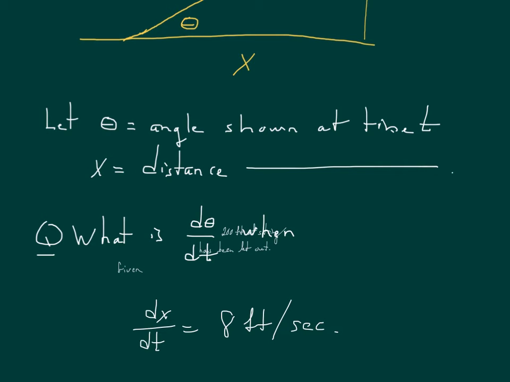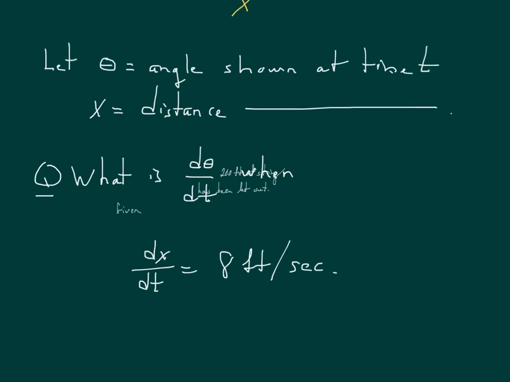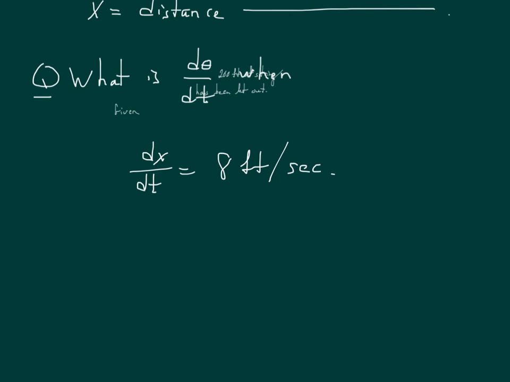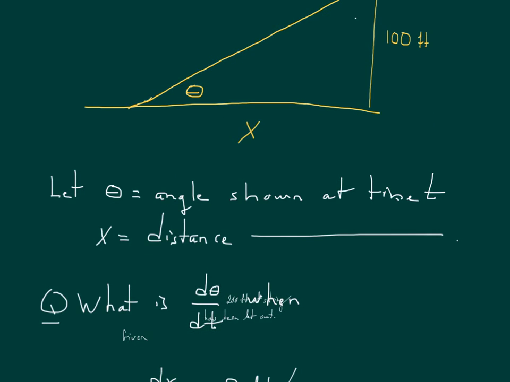All right, so we've written down our question in terms of our variable theta, what we're given in terms of our variable x, and now we need to somehow relate x and theta. To do that, we should look at our diagram. That's one of the main reasons we did the diagram.